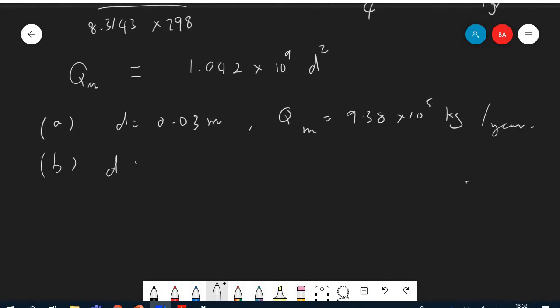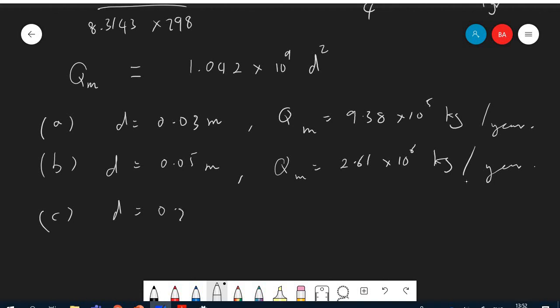If the diameter was 0.05 meters, the Qm was found to be 2.61 times 10 to the power 6 per year. For part C, if I use a 0.25 meter diameter, what would be the Qm?